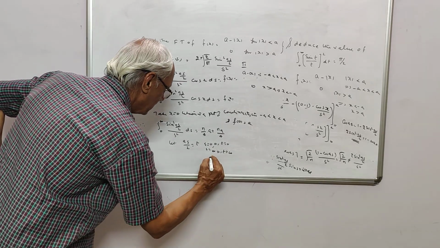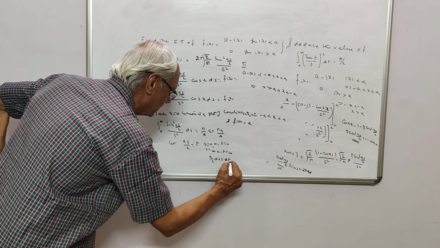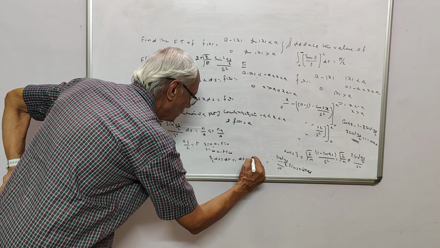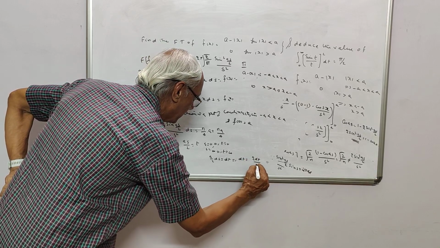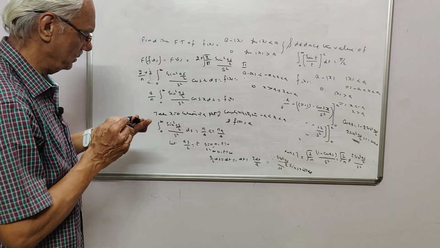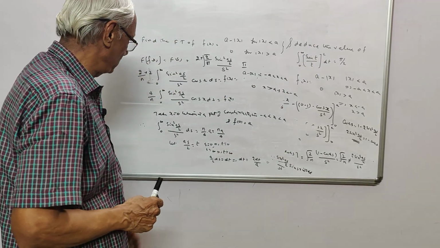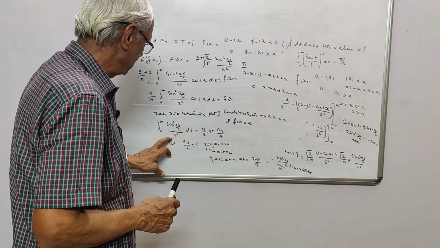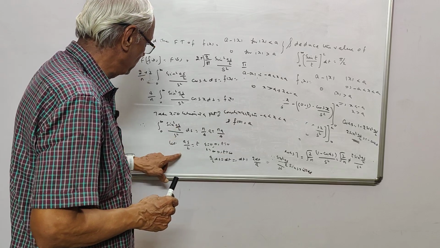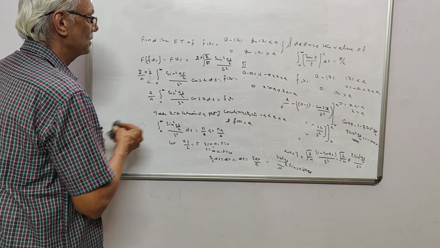And a by 2 into ds is equal to dt. So this implies ds is equal to 2 dt by a. So I go for a change of variable, because you see that I want sin t here. So I change this as by 2 is equal to t, so that this will come. Now I will change everything here.